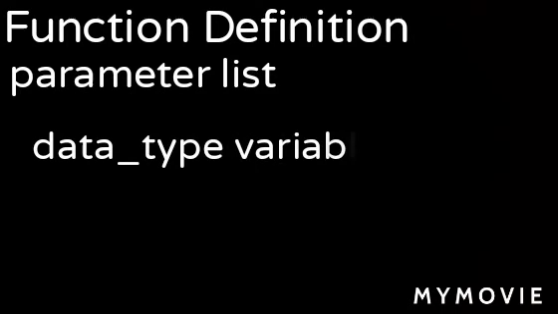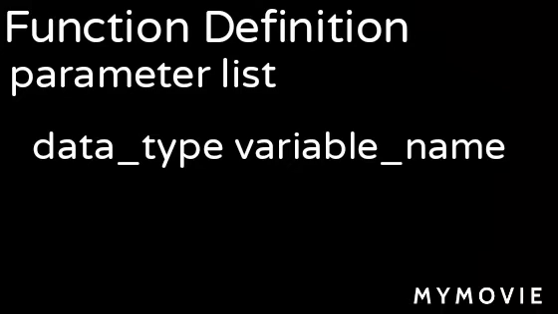Next is the parameter list. It is a set of different parameters, values, or variables that the function needs. So it seems an input for a program, okay? These parameters are separated by comma, and the syntax of each value is given by data type, space, the parameter name or the variable name.